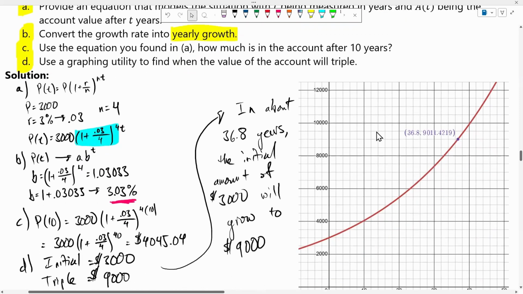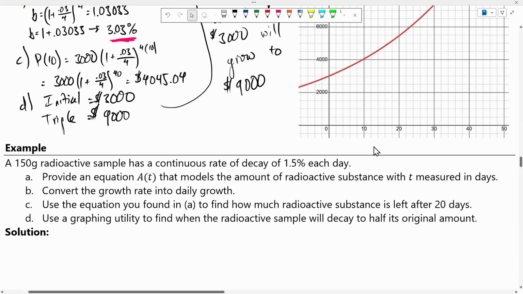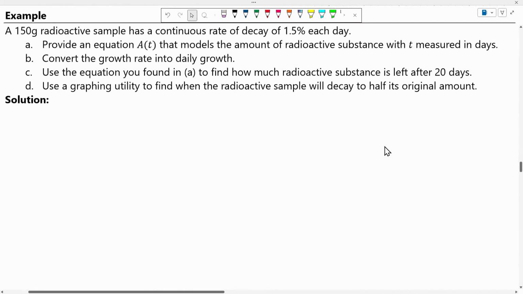Okay. All right. Now, the next one is one that's a little bit more tied down to the other sciences. Okay. So in this one, notice what it says here. It's a continuous rate of decay. So I am saying that I need this formula. So I'm going to automatically go to A. I need A of t is going to be some A e to the rt.